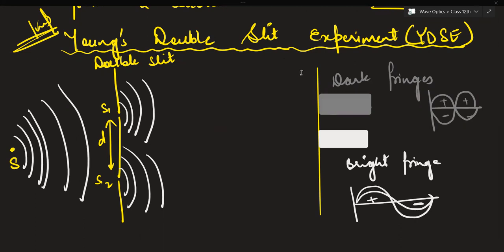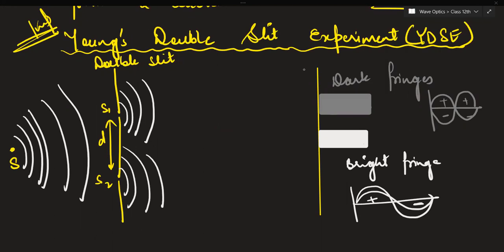Why at the center are we getting a bright fringe? If it's coherent, then how do we get a dark fringe? See, the same phases are there, the phase difference, wavelength, and frequency are the same. But a wave has a crest and a trough.